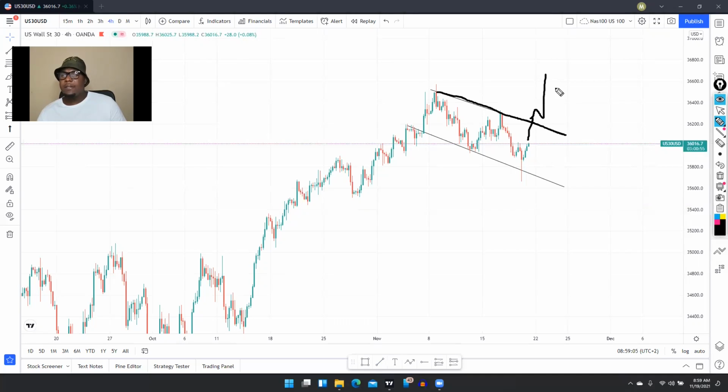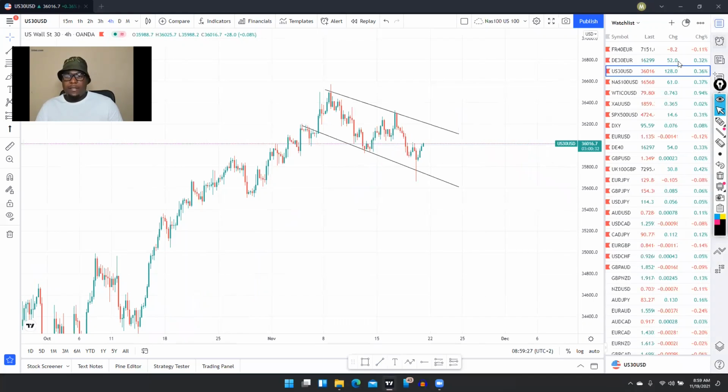We will just wait for a nice area where we can buy. But at the moment, we should wait for the market to create its structure. Then we'll say, okay, now we see that it's a downtrend or an uptrend. I hope you understand that. So we have to wait for US data to give us whatever is happening.